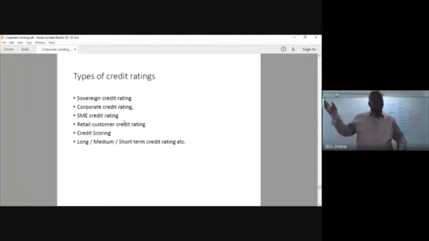Now CRIP is doing the credit scoring for individual customers. They give the credit scoring numbers when individual customers require them. So credit scoring in Sri Lanka is now done by CRIP. And then long, medium and short-term credit ratings are also there.